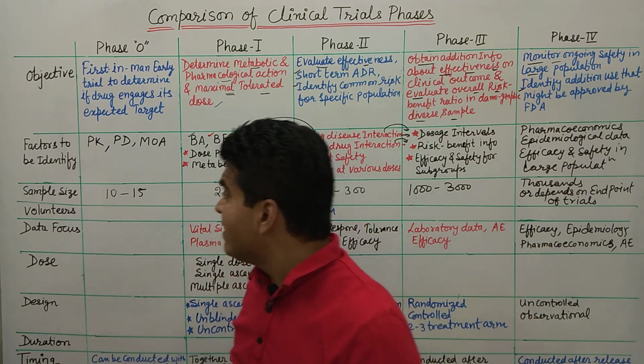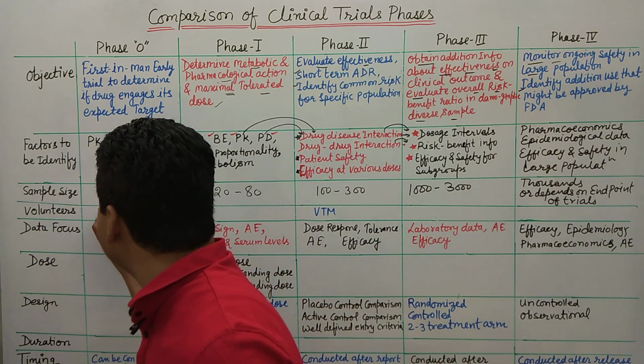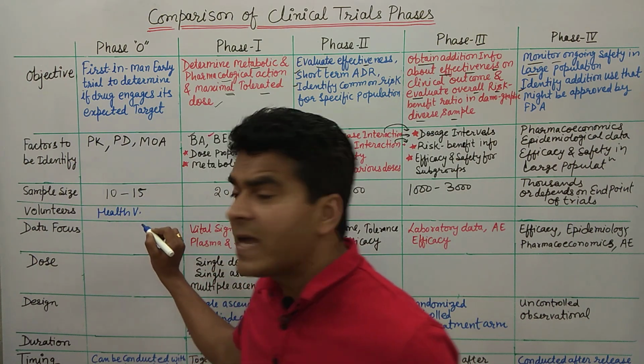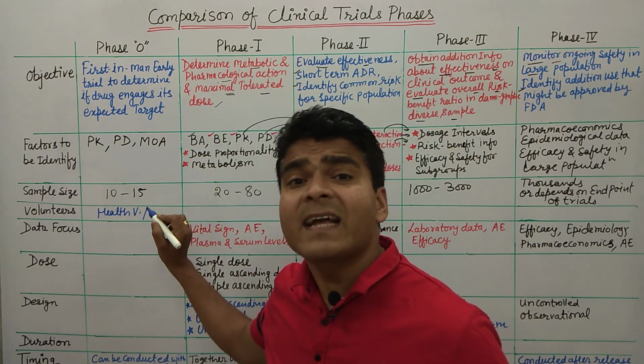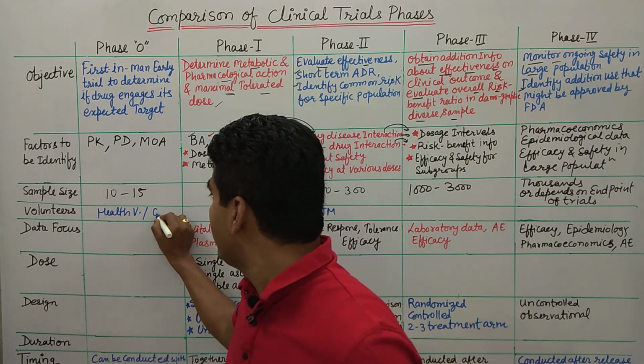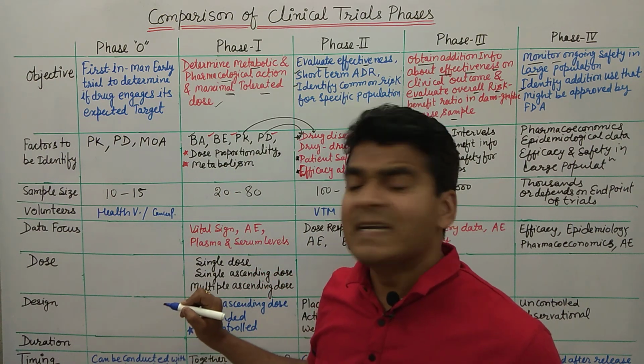So let's understand the volunteers, what kind of volunteers. Here we take healthy volunteers, HV I can write, and particularly for cancer studies we can take cancer patients, particularly for a targeted disease.